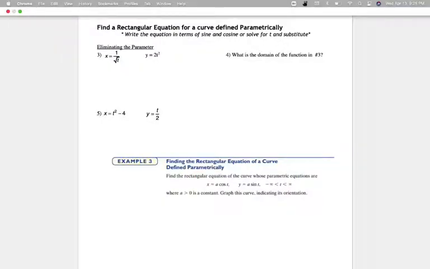On our next example, we have our directions. What they're asking us to do is find the rectangular equation for the curve defined parametrically.